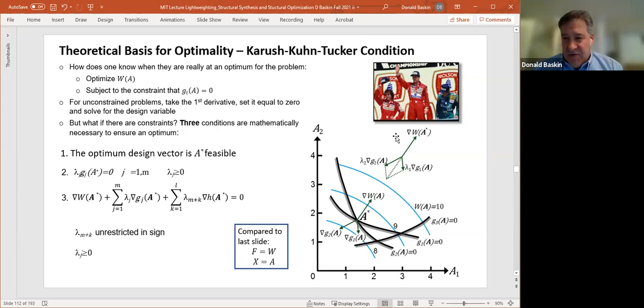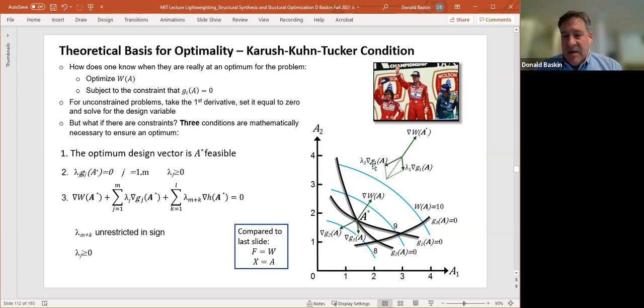This is nicely shown graphically right here. Suppose you have this function W, which is in blue here, and you've got these constraints g1, g2, g3, which are shown in black. You see that g3 doesn't really play any role because it's way over here, and intuitively, right here is the optimum point.